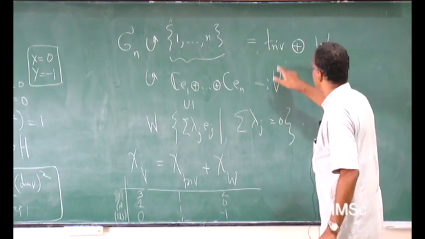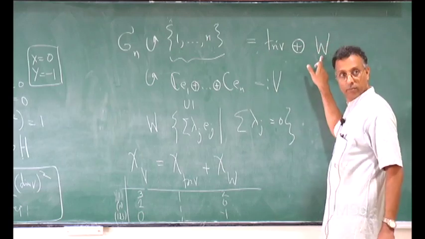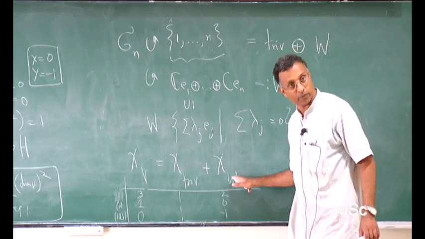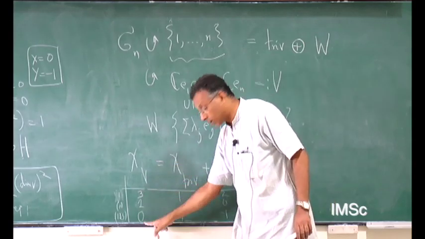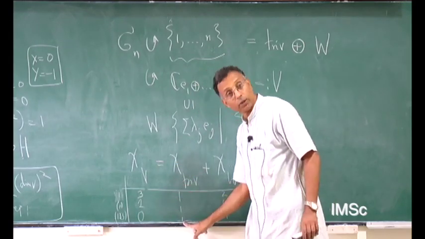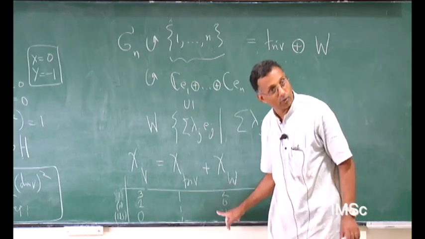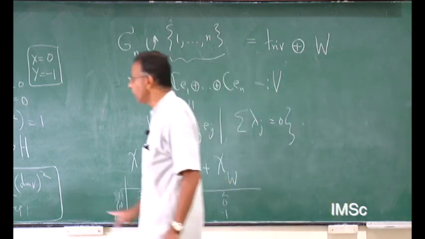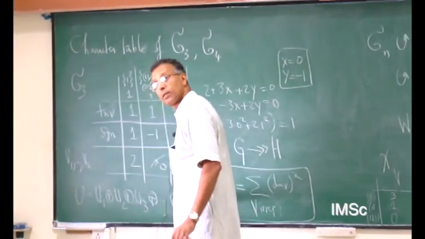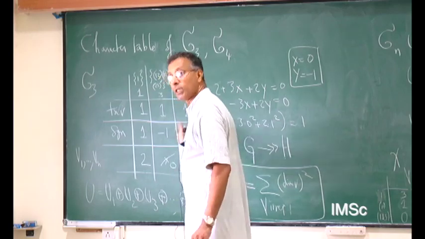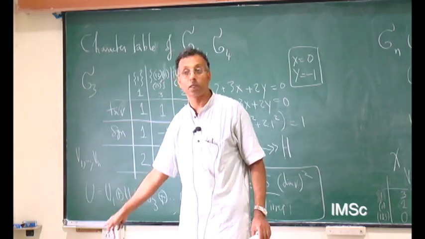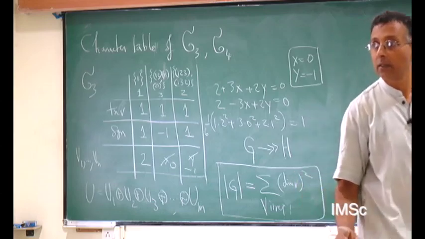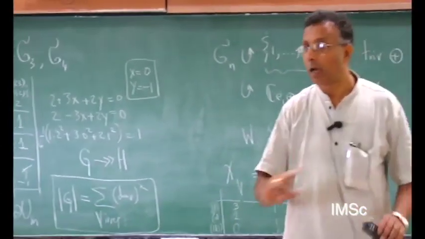See, V is equal to triv plus W. Therefore, chi V is equal to chi triv plus chi W. Chi V is equal to this. Chi triv is equal to this. Therefore, chi W equals this. Okay? And once you have shown that chi W is equal to this, then W must be equal to this irreducible representation because characters determine the representation. Yes, up to isomorphism.